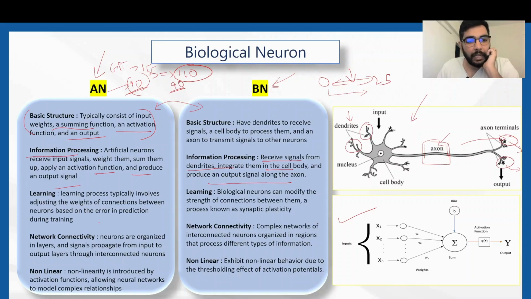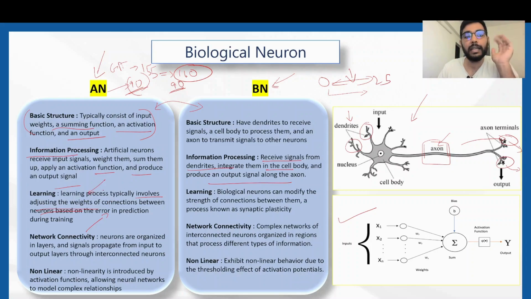Coming to the learning process, in an artificial neuron it involves adjusting the weights of the connections between the neurons based on the errors. One neuron will have weights and pass its output to the next neuron, then at the end it will compare to the original target and modify the weights in backpropagation.